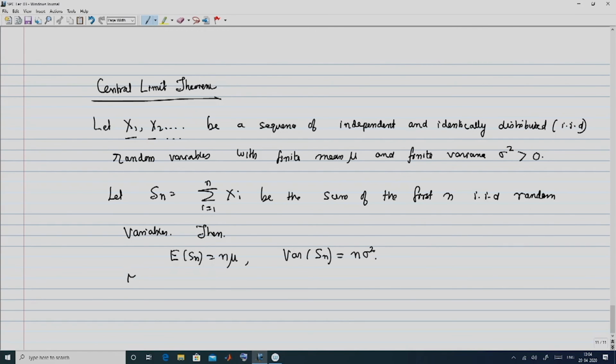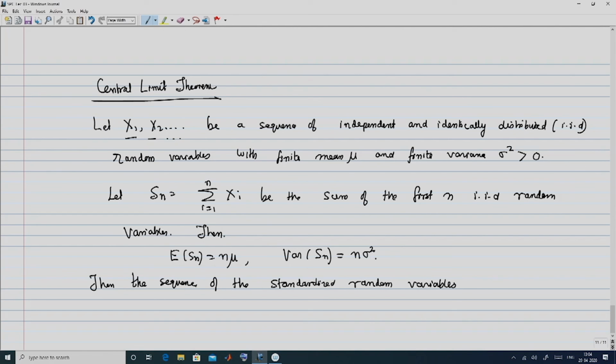So, the sequence of the standardized random variables.